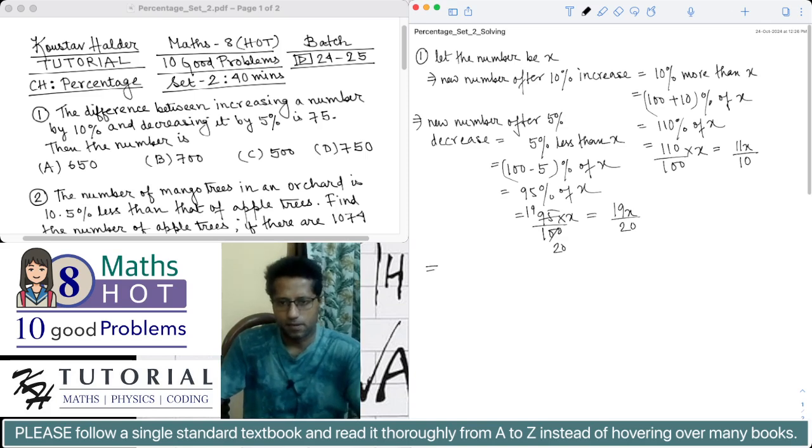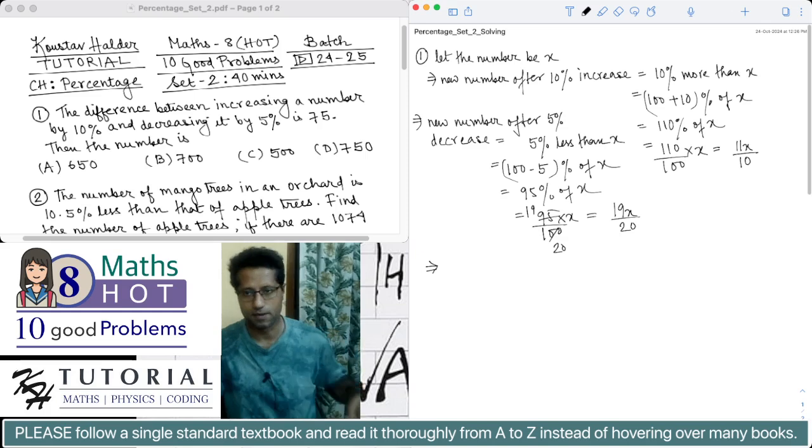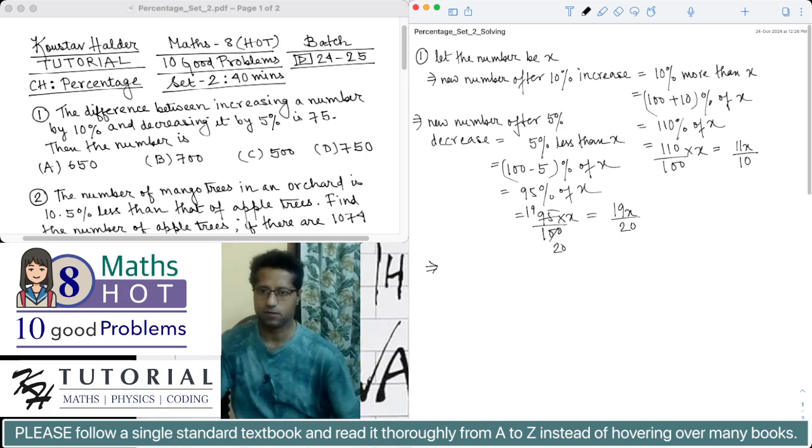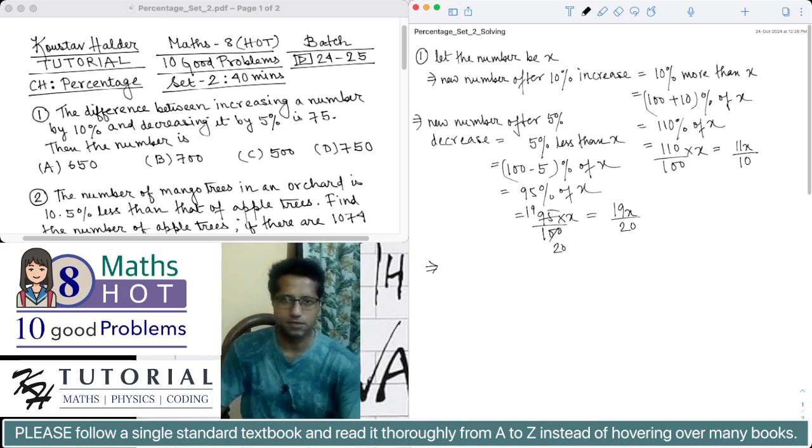Now the problem also says the difference of the two new numbers, that is one after 10% increase and the other after 5% decrease, is 75.